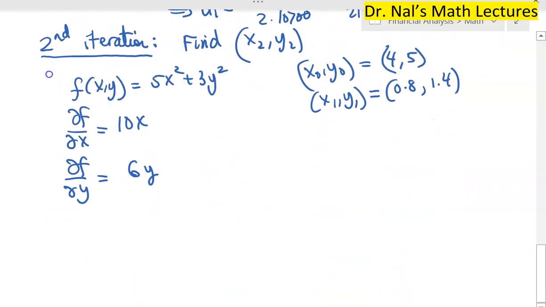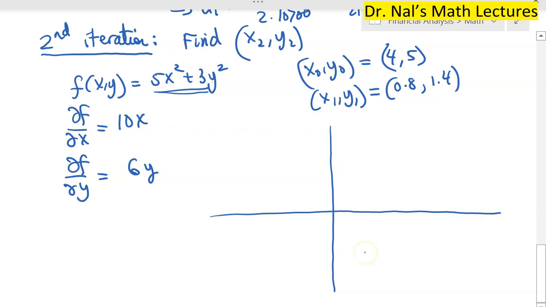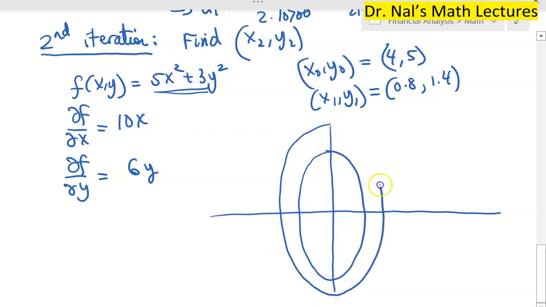So if you were to draw the contour lines for this one, it would look like this. For instance, if this one was a 1, x would have been something smaller. I think the contour lines would look like little ellipses, all centered at this point 0, 0.